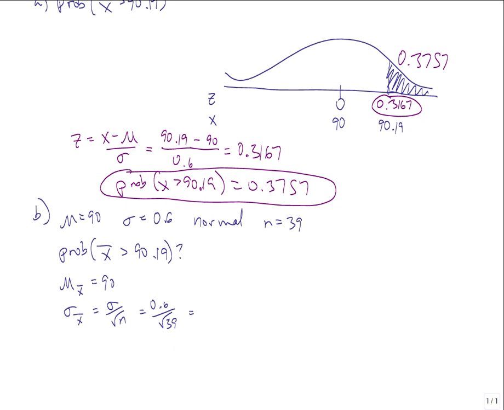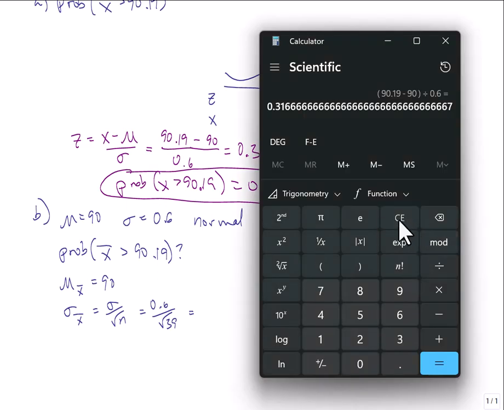And again, I'm going to break out my calculator, and I get 0.6 divided by square root of 39. So I'm going to type it in like that, and there you go.